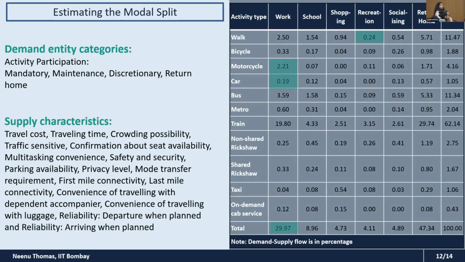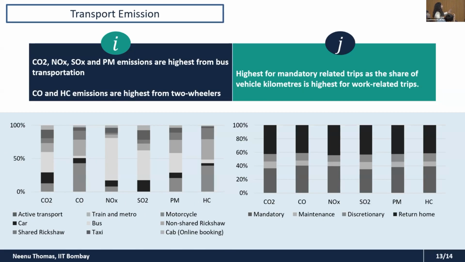So we could find the difference in how the type of activity and type of mode were varying. So this is just the mode split. Based on this mode split, we could identify the emissions. What we found was something around 1.8 million kilograms of carbon dioxide emission in this Mumbai city. But I'm not focusing on the numbers.